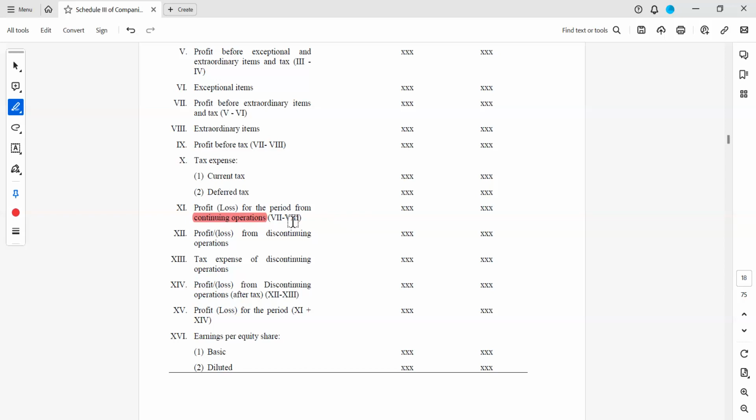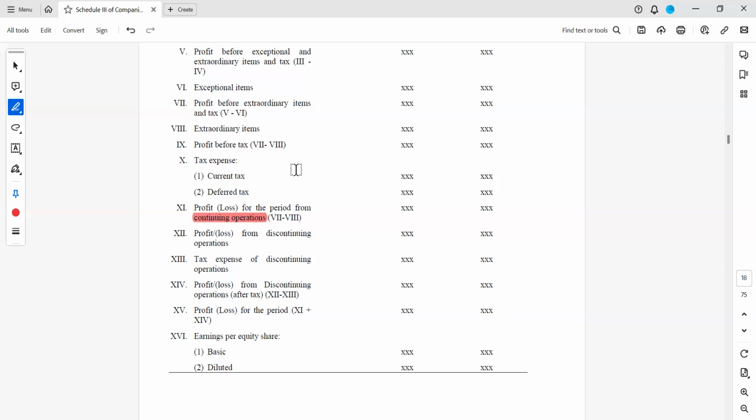They are saying profit or loss for the period, whatever period you have mentioned, if it is a year or less than a year, continuing operations only is coming here. Then profit or loss from discontinuing operations is coming here. Tax expense of discontinuing operations is coming here. That means all the items above are of only continuing operations.